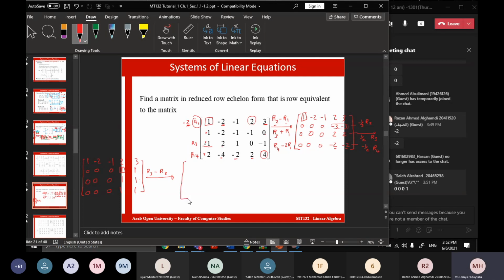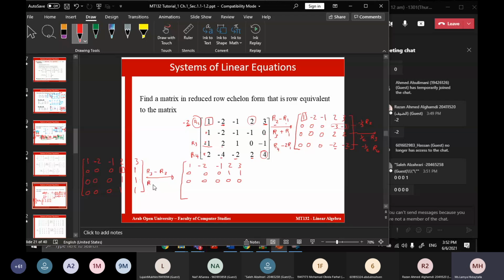What will I have? 1, minus 2, minus 1, 2, 3, and then 0, 0, 0, 1, 1, and then 0, 0, 0, 0, 0, and also I can make R4 minus R2, correct? So again, it is 0, 0, 0, 0, 0.